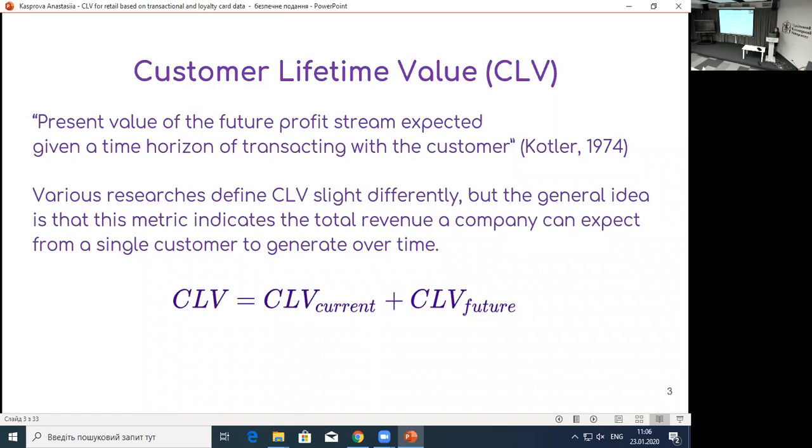However, the general idea is that this metric indicates the total revenue a company can expect from the relationship with a particular customer. And when we are talking about customer lifetime value calculations, we mean two parts. So the present part, which can be derived from the historical data, and the future part, future value, which we model, estimate with our modeling.